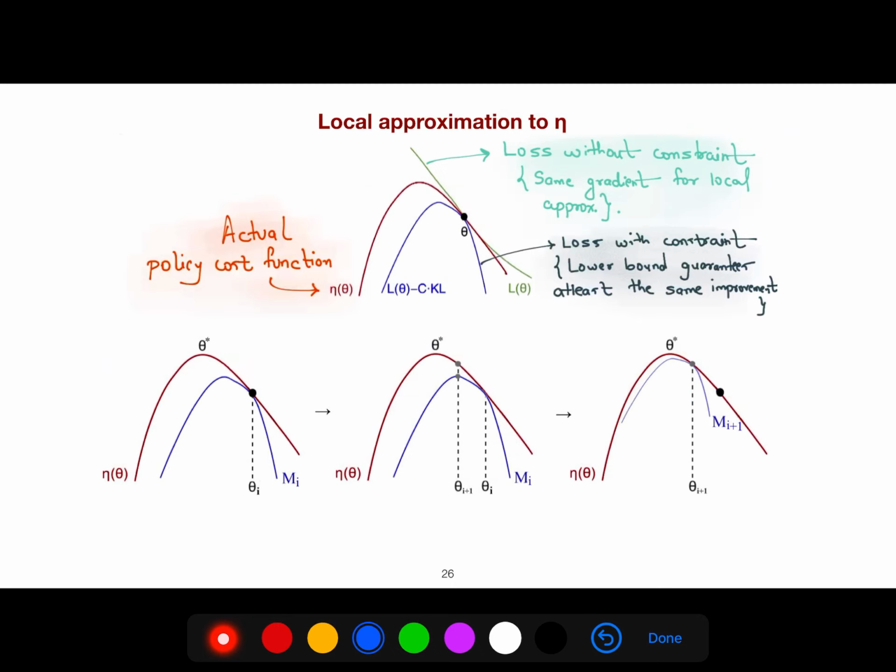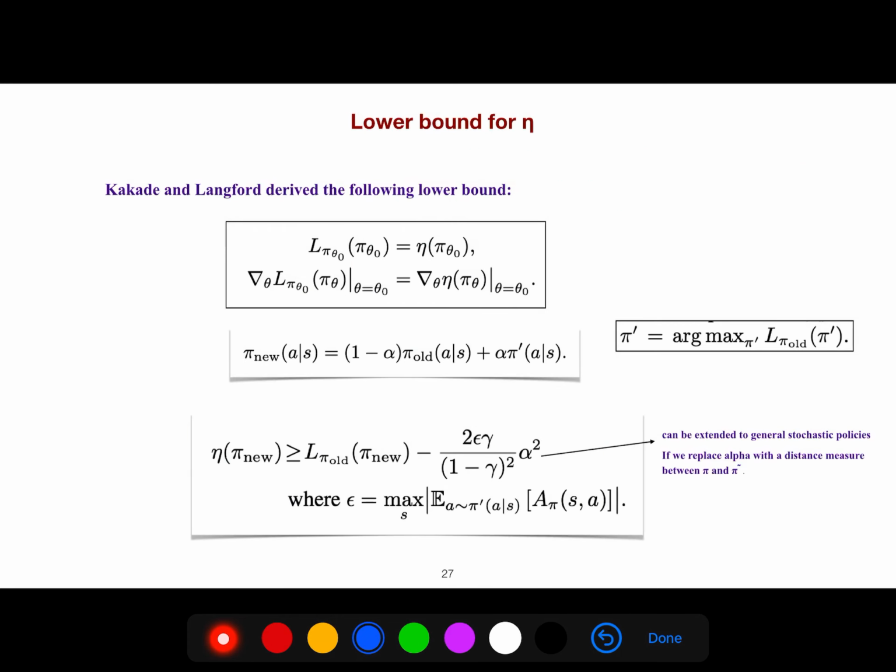So we have the actual policy cost function, you try to approximate it, and after a while you understand. And here is the lower bound. This is the lower bound for eta. And this researcher, I know this researcher, derived the following lower bound.